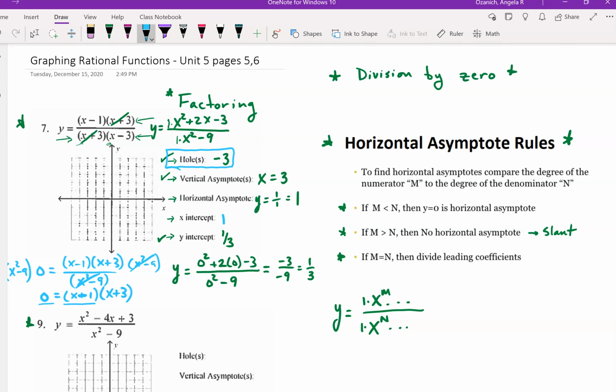Okay, so let's start with our vertical and horizontal asymptotes. So I'm just going to make those this color, right? So there's our horizontal asymptote at y equals 1, our vertical asymptote at 3, just like that.